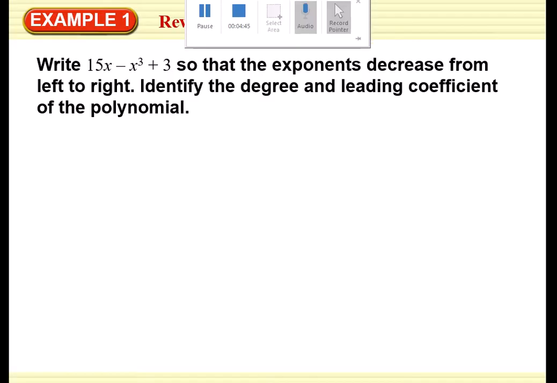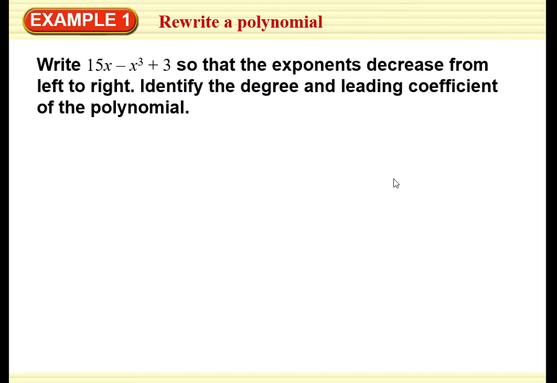Example 1: write 15x minus x cubed plus 3 so that the exponents decrease from left to right. That's writing it in standard form. Then identify the degree and the leading coefficient.